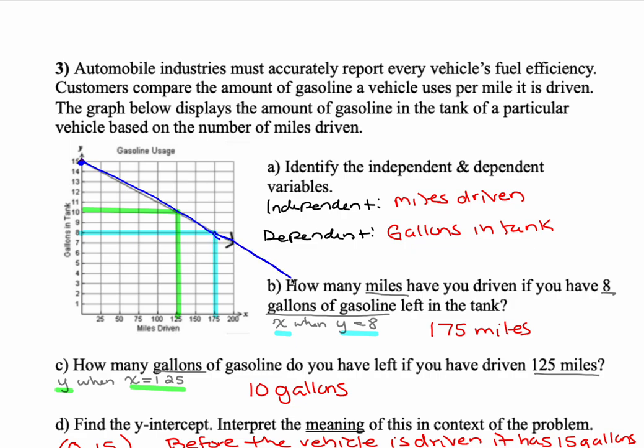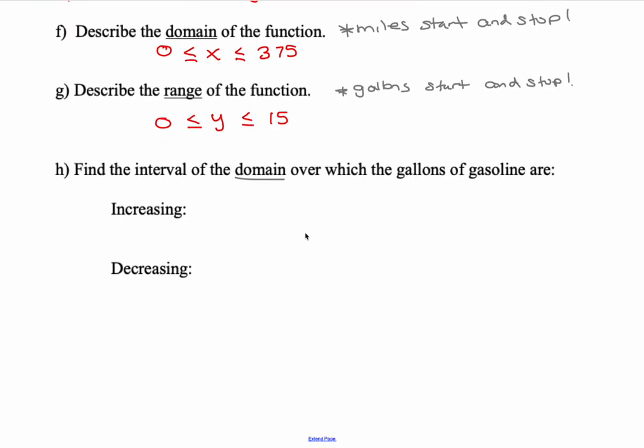Well, as we drive, the gallons of gas that we have keeps going down until it stops. We don't have the information that we're going to add more gas to it. So that means that our graph is clearly always going to go down because the gallons of gas will always decrease because we're driving the car.